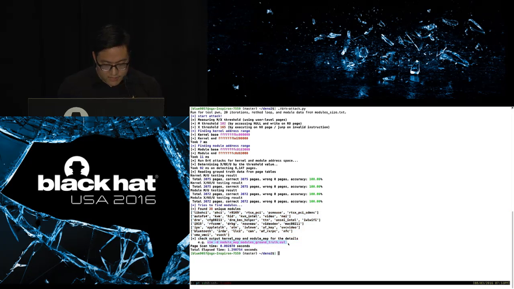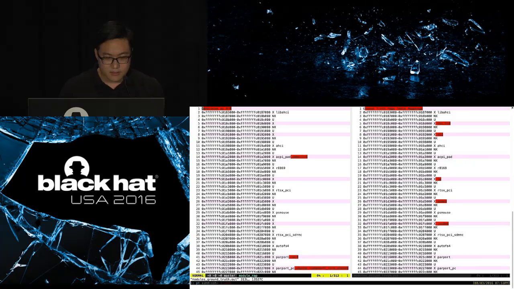And for the details, let's take a look at the actual mappings. On the left side, the result is generated by DRK, and on the right side, the information is extracted from the kernel page table. It is just a Vim diff, so if something is marked in red, that means it is different.